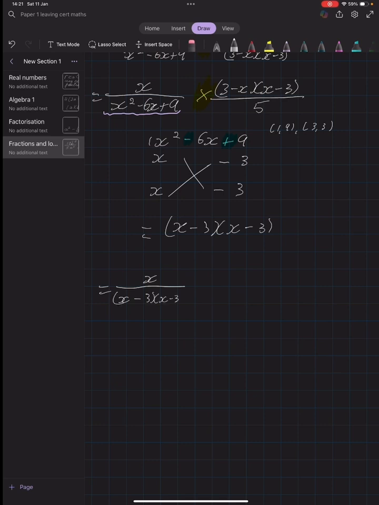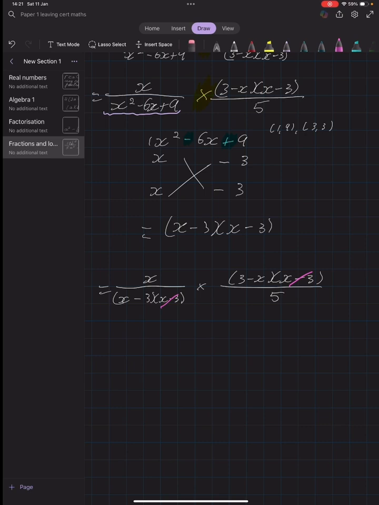So if I plug that back into our equation above, we get x over x minus 3, x minus 3, multiplied by 3 minus x, x minus 3, all over 5. So, first of all, that x minus 3 cancels with that x minus 3. Now, ask yourself, does anything else cancel there? Again, you can pause this video if you want more time. But the answer is yes.